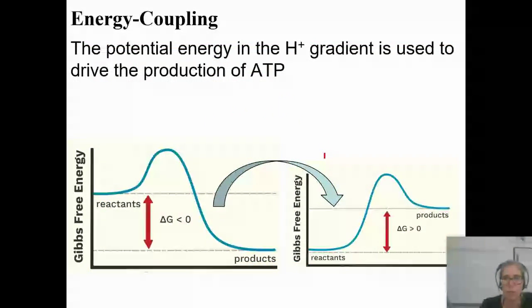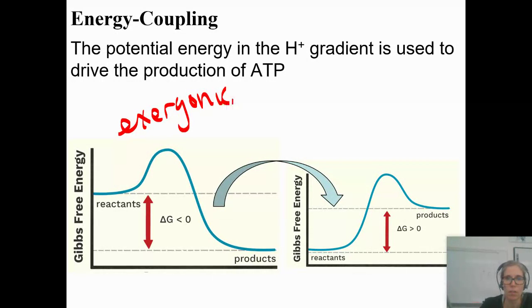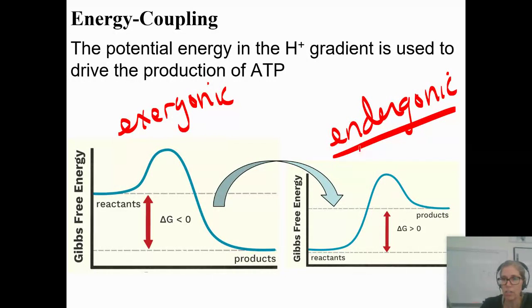So energy coupling: this one is an energy releasing, or exergonic, reaction. This one is an energy requiring, or endergonic, reaction. Every reaction that requires energy uses an energy releasing reaction for the energy in our bodies.